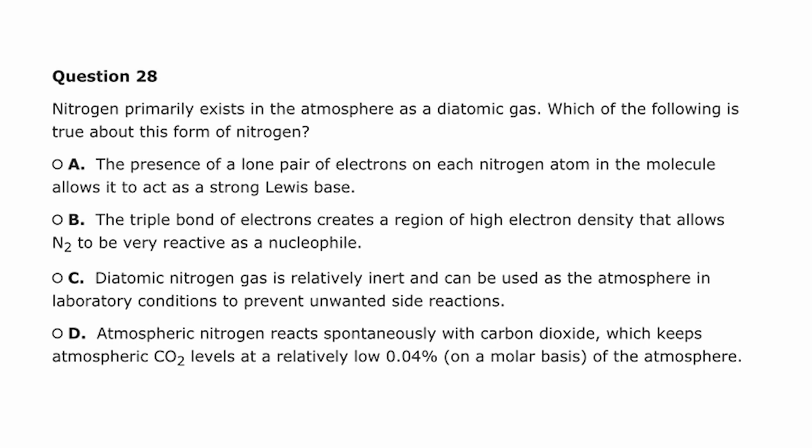B, the triple bond of electrons creates a region of high electron density that allows N2 to be very reactive as a nucleophile. C, diatomic nitrogen is relatively inert and can be used as the atmosphere in laboratory conditions to prevent unwanted side reactions. And D, atmospheric nitrogen reacts spontaneously with carbon dioxide, which keeps atmospheric CO2 levels at a relatively low 0.04% on a molar basis of the atmosphere.